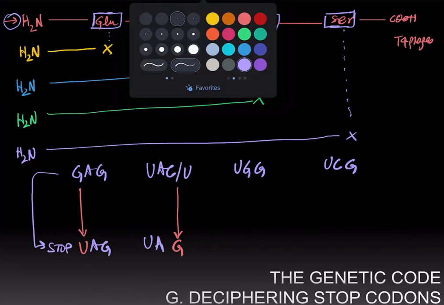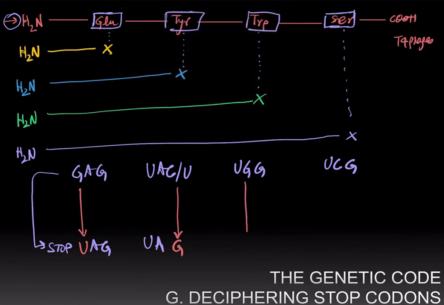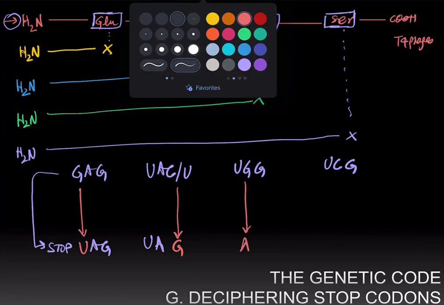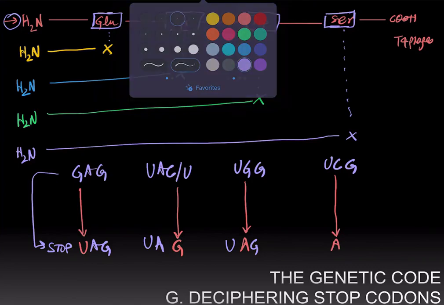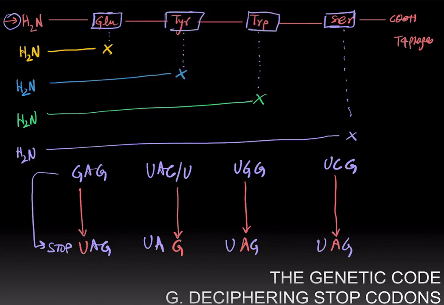And if we change the second position in the codon for tryptophan, the G to an A, then again we get UAG. And if we change the second position in the codon for serine, the C to an A, once more we get UAG.